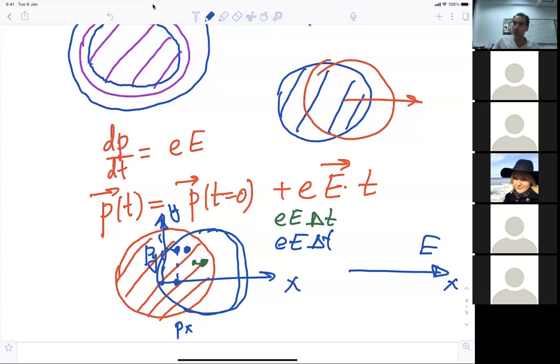If you have more electrons that move to the right, it moves electrons to the left. So what scattering does is scatter electrons from the overpopulated areas of the distribution back to where there's a lack of electrons. And this results in the distortion of the shape of the Fermi surface.